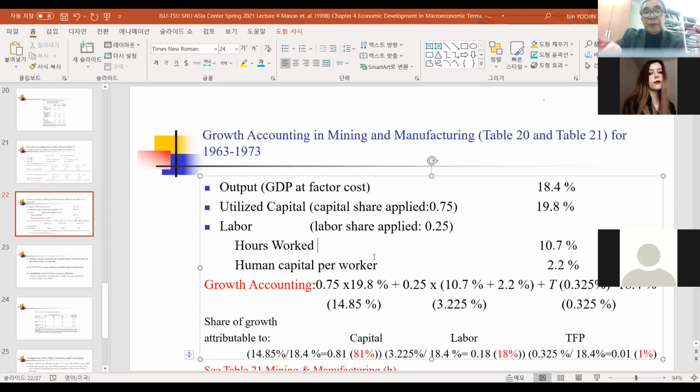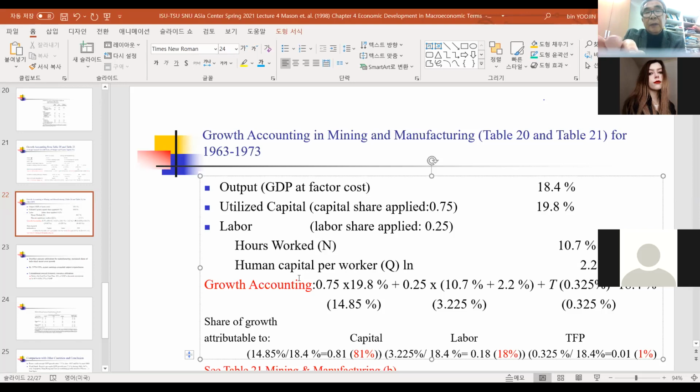Suppose hours worked is N, the number of working hours. Suppose this is Q, quality. Human capital per worker is like a quality index.